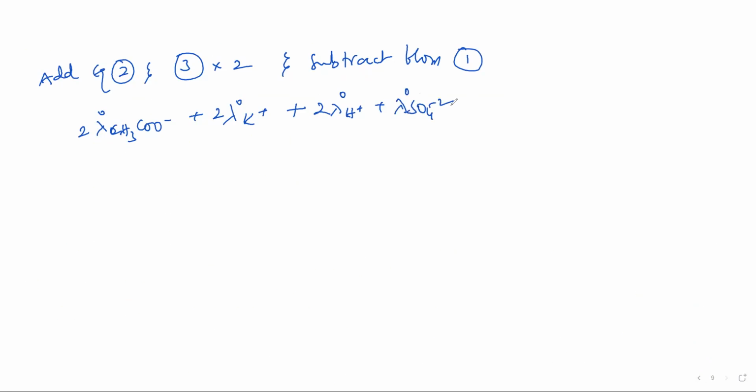Now we added equation 2 and equation 3. Now subtract it from equation 1. What is equation 1?